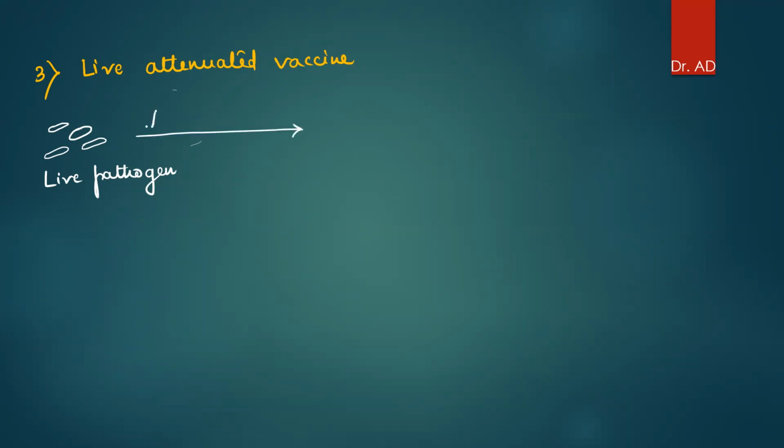Attenuated means what? Weakened. Weakening is done. They are not killed. They are just made weak.